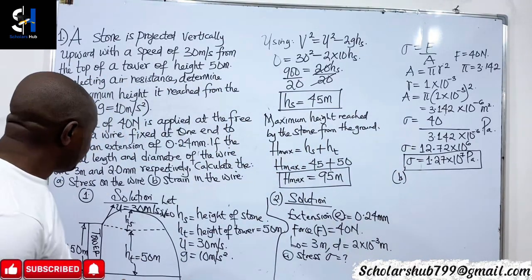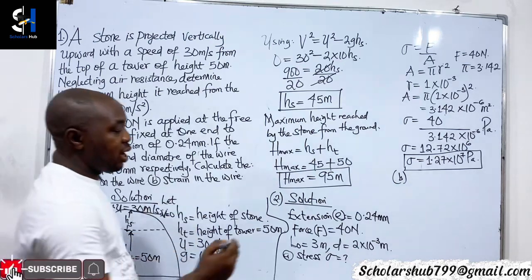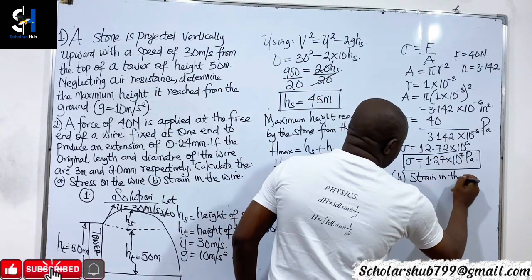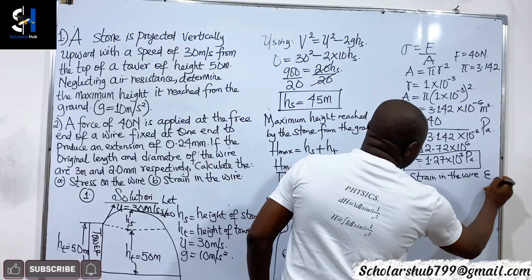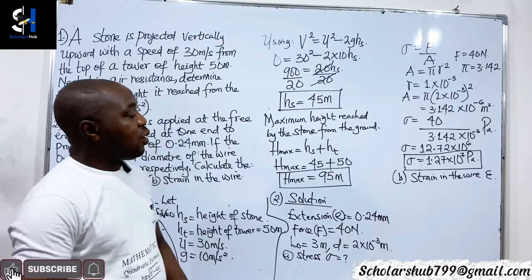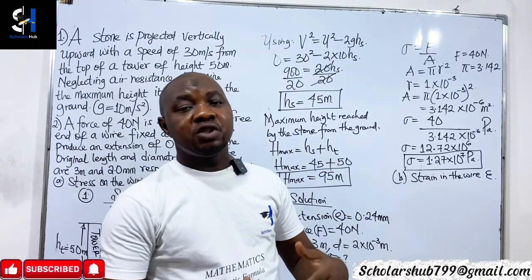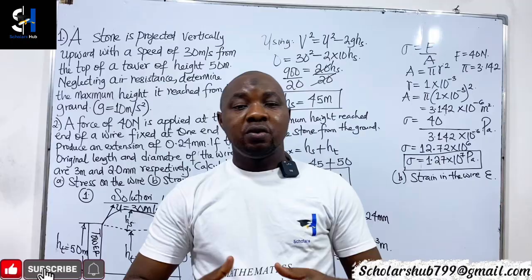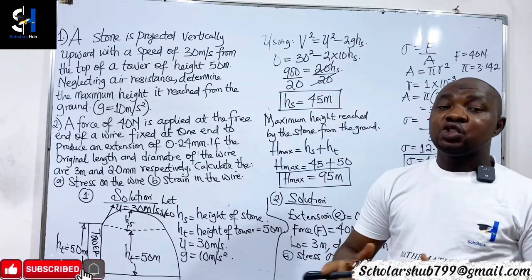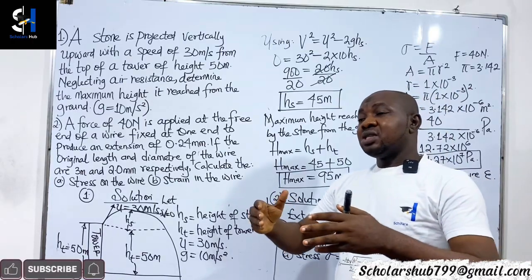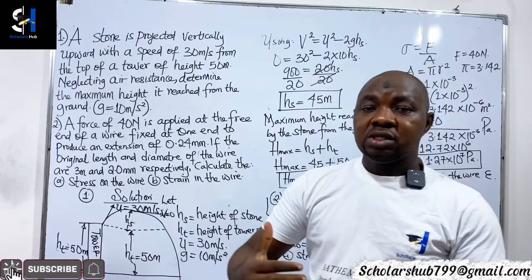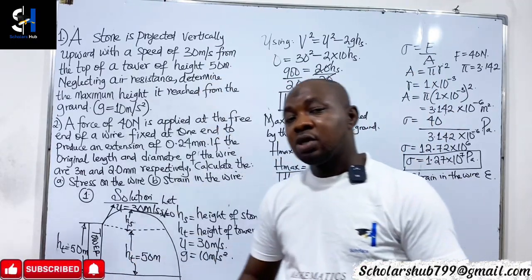Now, the second question is for us to calculate the strain in the wire. Strain can be represented with epsilon. When we say strain, strain measures the fractional deformation produced in the wire when it is subjected to a set of deforming force, and that's why it can be measured as the ratio of extension to original length.